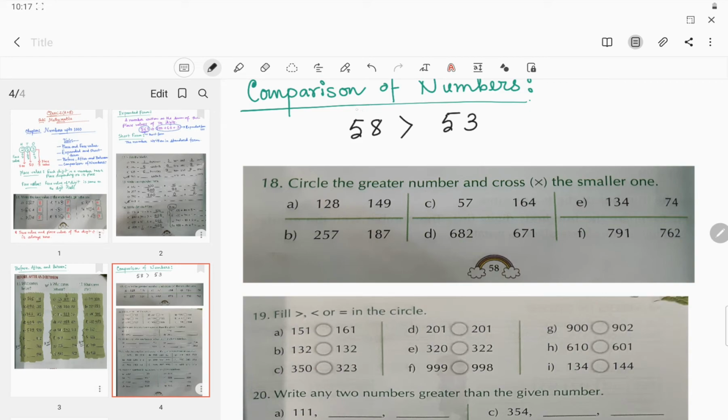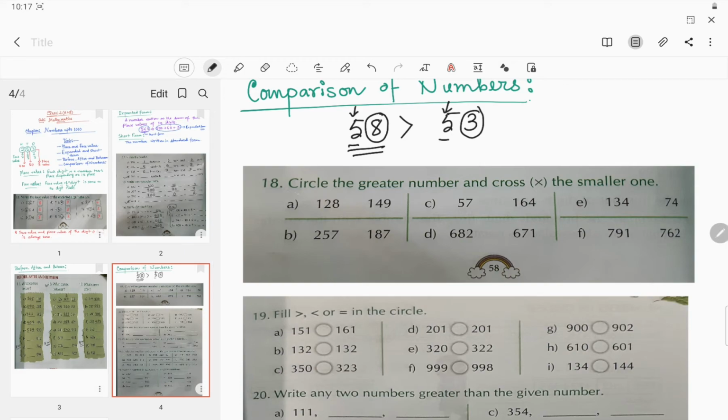How to check? You have to check the first digit from the left end. Since this 5 is the same for both, now you have to check the next digit, which is 8, and in this one it is 3. Since 8 is greater than 3, the numeral 58 is greater than 53. So 58 is the greatest one.